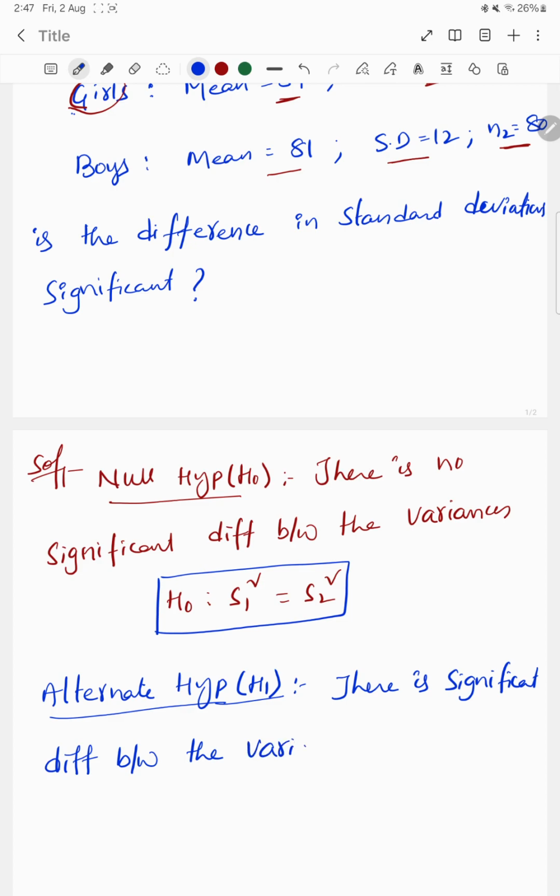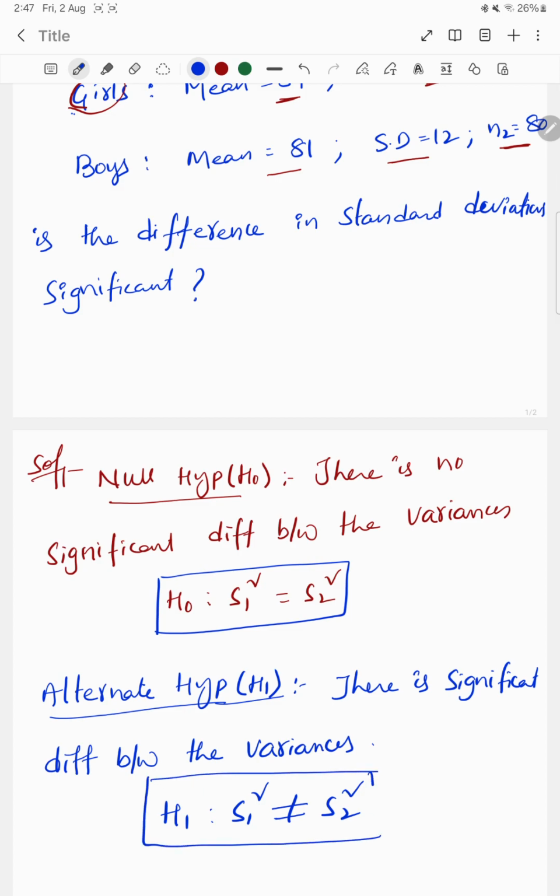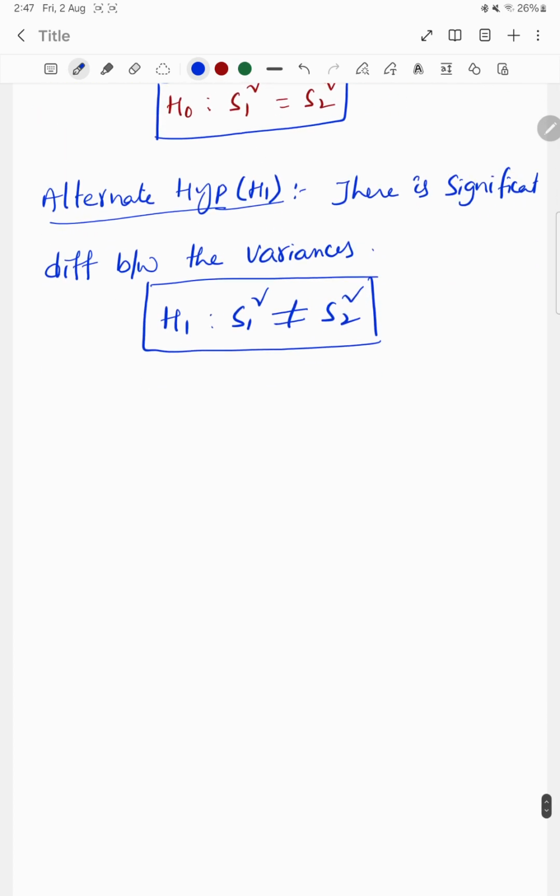That means H1: s1 square is not equal to s2 square. That's it. This is the second step. Coming to the third step, that is the level of significance. We call it the risk level. Let's take it as 5%.